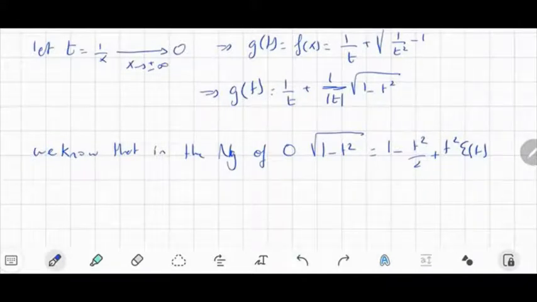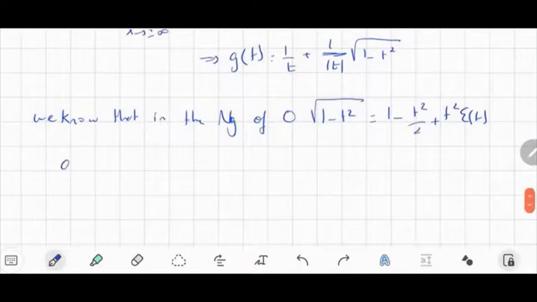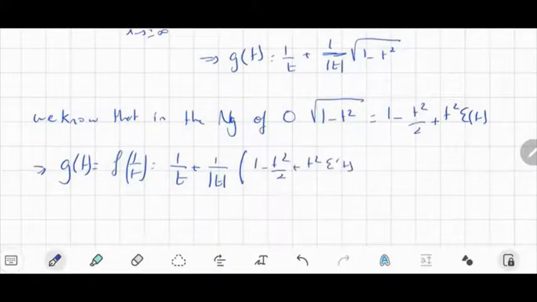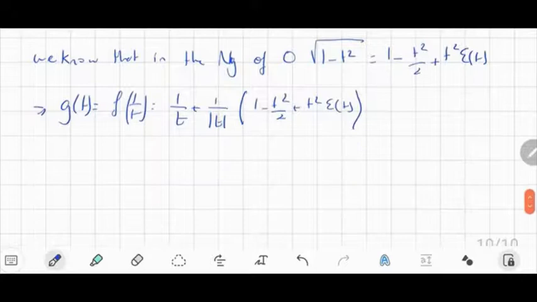So we take this and replace it in the function, then g of t, which is of course f of 1 over t, will be equal to 1 over t plus 1 over absolute value of t times 1 minus t squared over 2 plus t squared epsilon of t. Now we have two cases.